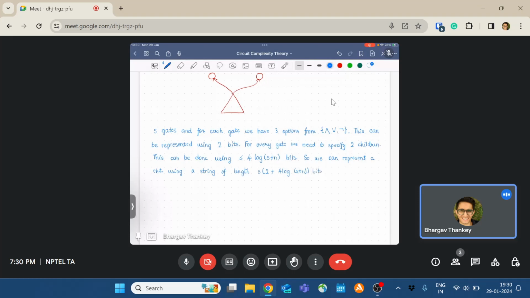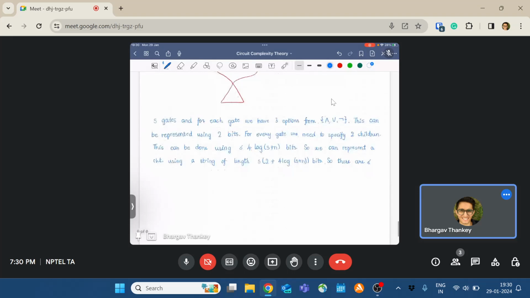And so there are at most 2 to the s times that many circuits.